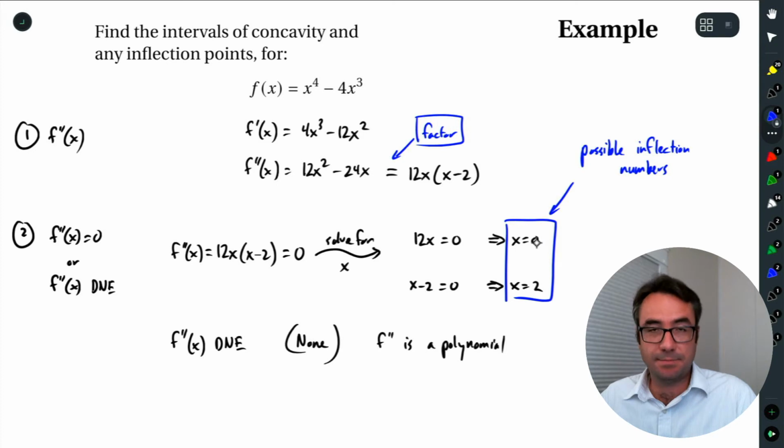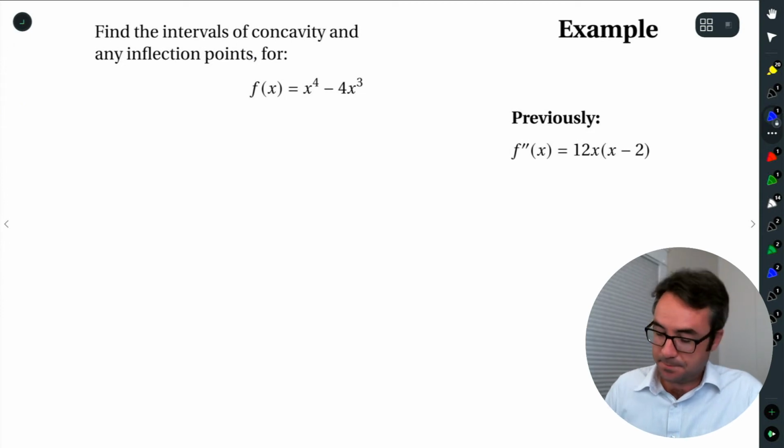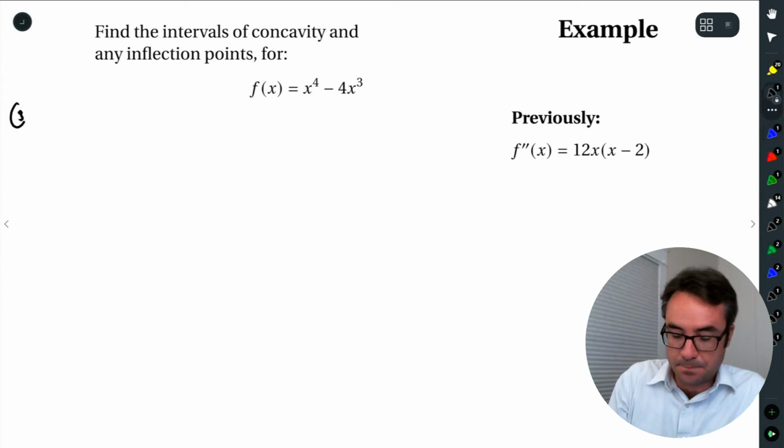So these might not be actually where we have inflection points. There's more we're going to do. But just to keep that in mind, these are the possible inflection numbers. This is where something interesting might happen. And we need these for our sign chart. So that's what we're going to do next, is set up our sign chart. So we're going to do our sign chart for f double prime.